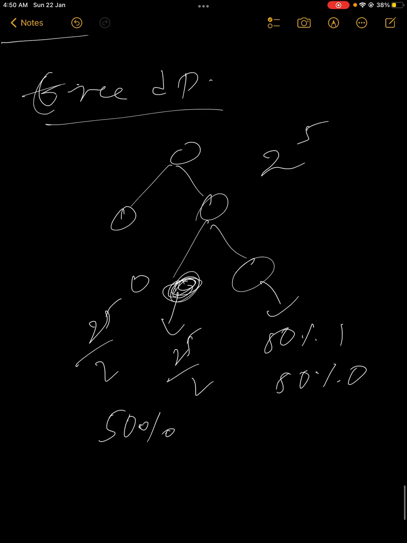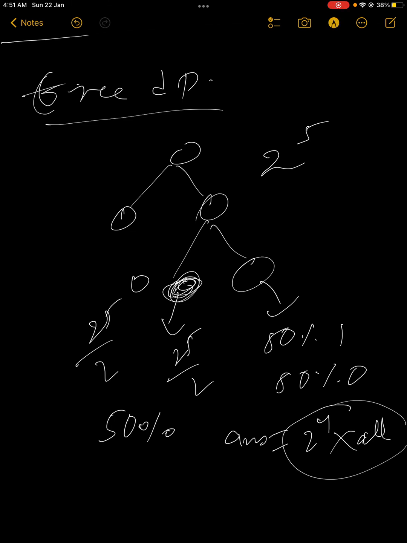Now at t equal to 0, we know for every node how many times it will be 1, so we know how much it will contribute to our answer at t equal to 0. We just have to go through each node and take this 50% value, which is 2 raised to the 5 by 2, which is 2 raised to the 4, times all the nodes. This is simple. At t equal to 0, this will be our contribution toward the answer.